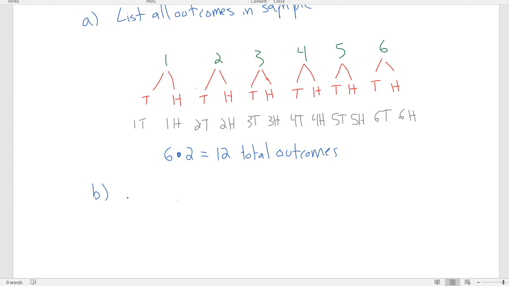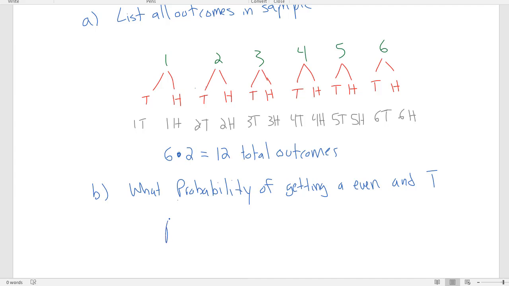So for example, let's say we're asked to find the probability of getting an even number and a tail. Again, the advantage of the sample space is I can come back and count how many outcomes are favorable for this event.